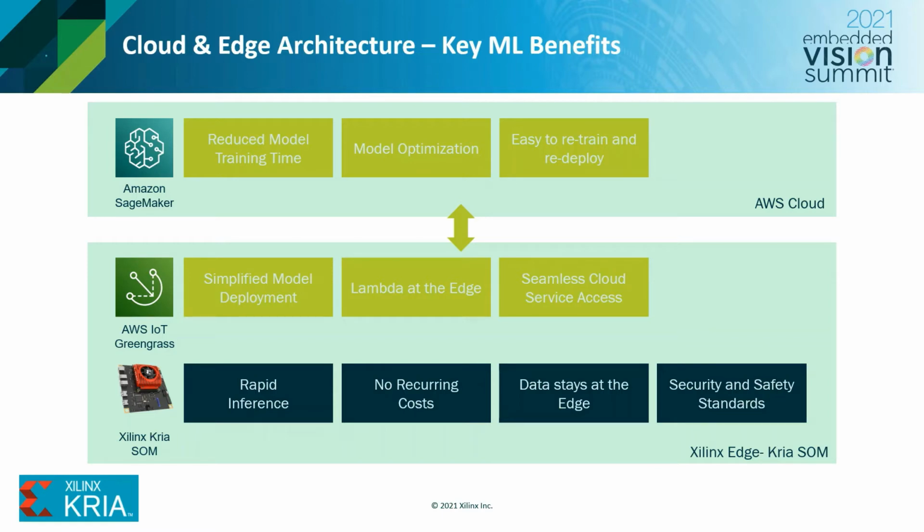With Crea, development teams can easily deploy their applications without need to develop FPGA expertise. In this demo, we'll show how Crea can be used to deploy AI at the edge for medical imaging applications. Crea, in concert with AWS Greengrass IoT and SageMaker, provides a complete edge-to-cloud deployment solution.